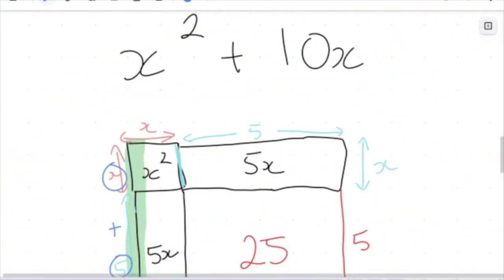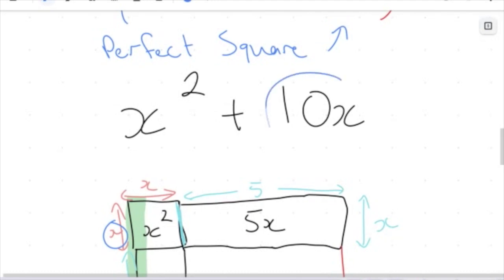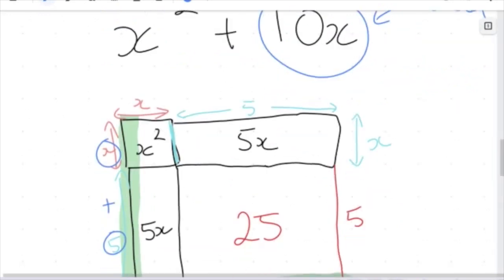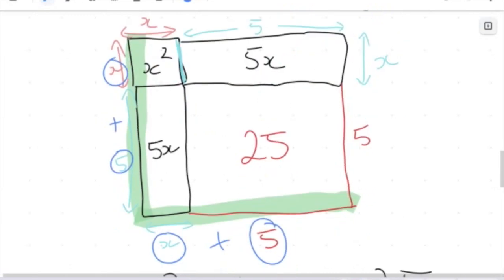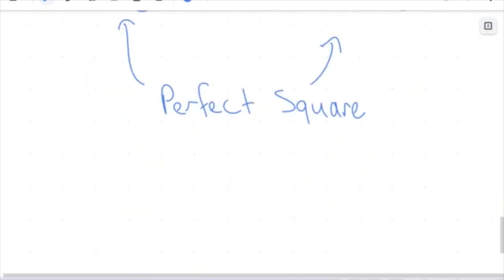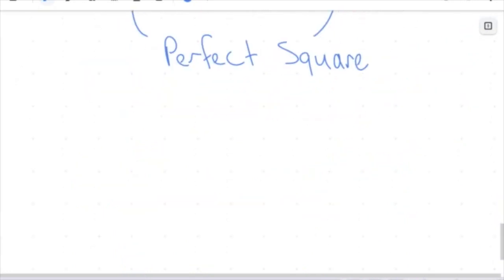Down here, we halved my 10x to get 5x and 5x. And then that allowed us to make the perfect square. So applying this to these quadratics, we're coming up with a general formula here, which we're going to build on in the next few videos where we look at some proper questions.